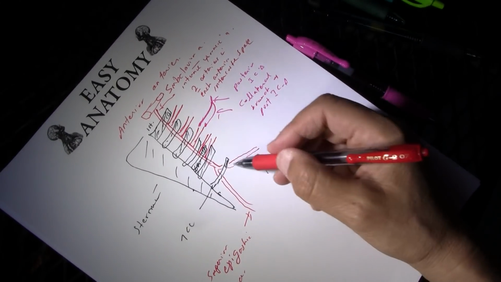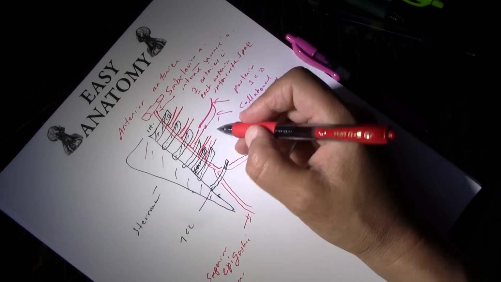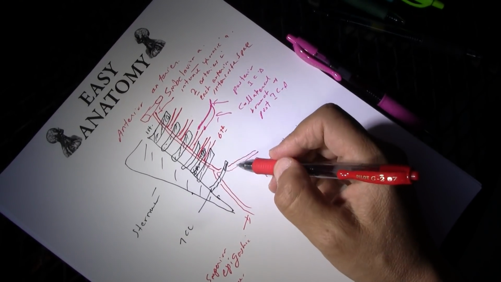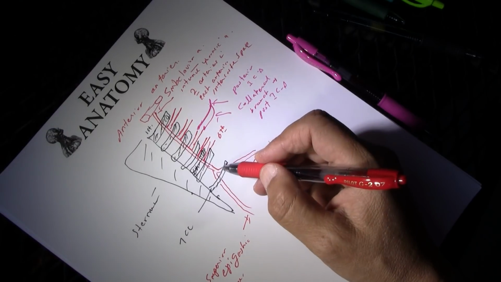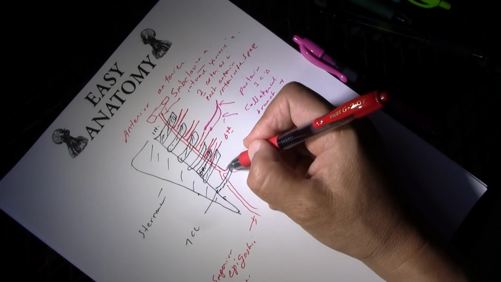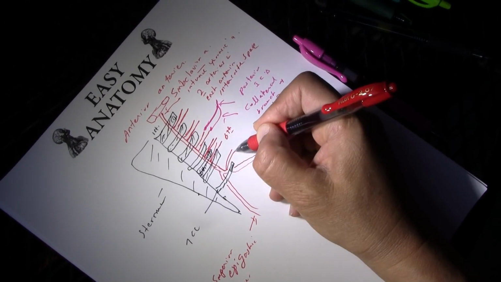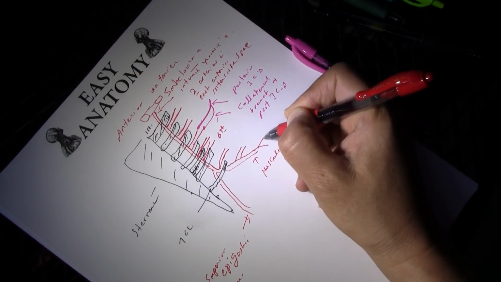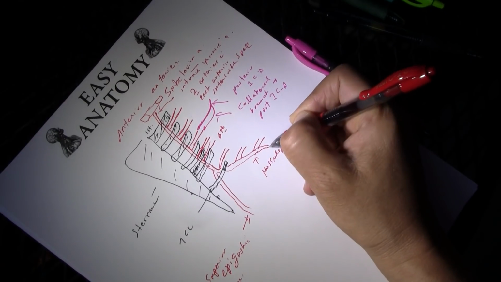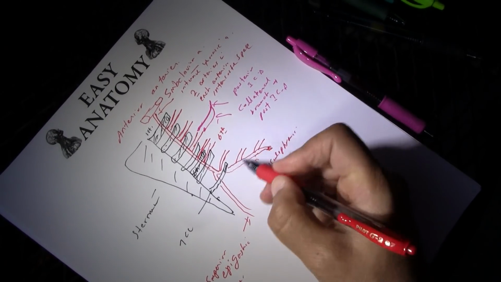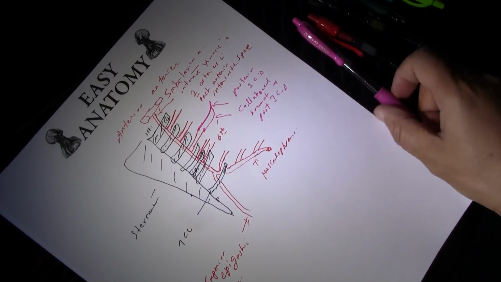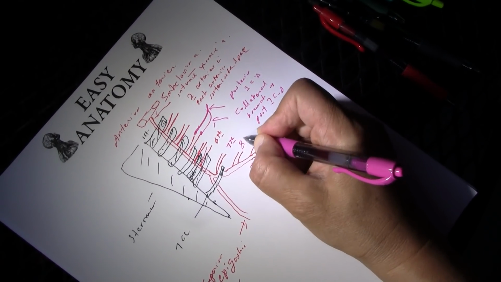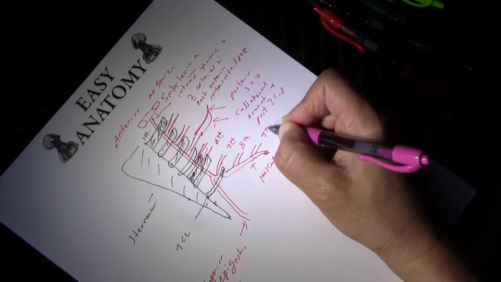So we said that we have 9 spaces. We stopped here at number 6. Starting from number 7, we have the anterior intercostal arteries coming from the musculophrenic. So this is the musculophrenic, which will send the number 7 artery, number 8, number 9.